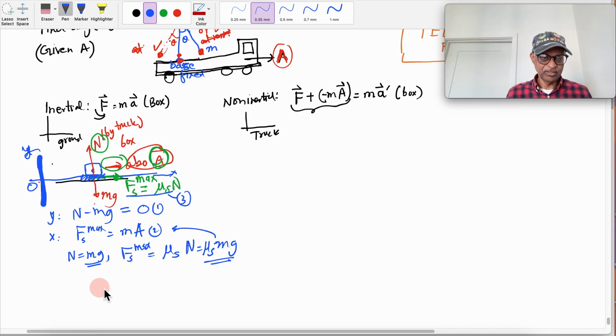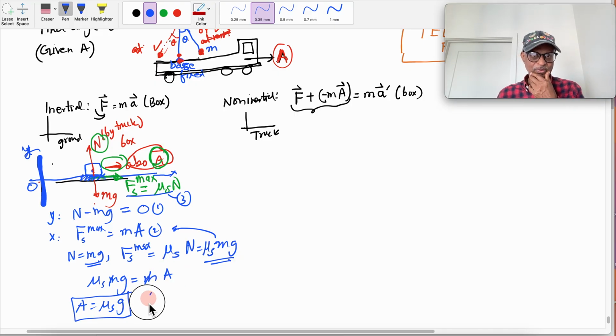Plug in there, that gives mu s mg equals ma. So m cancels out. So a is mu s g, that's the value we want. That's the answer.